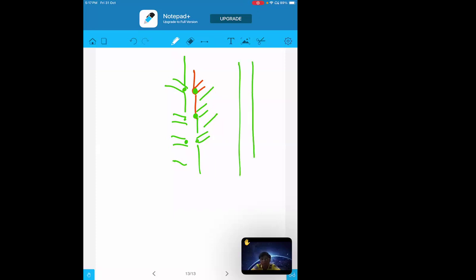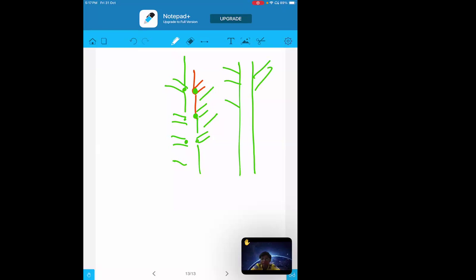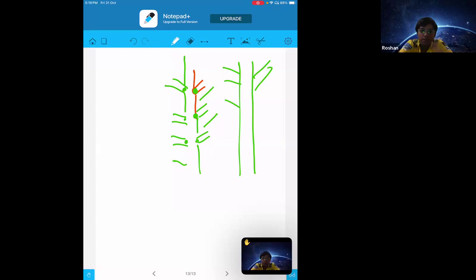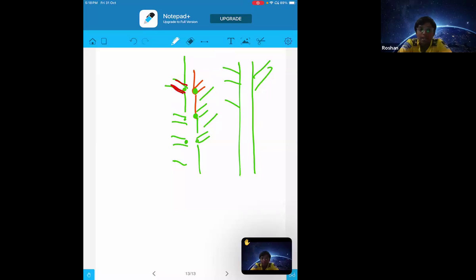Let me clarify. Ma'am, here you drew a red marker node, right? Yes. To the right side, or left side of that, we can see a green node over here. Between these both, is it also called an internode, or only between up and down?